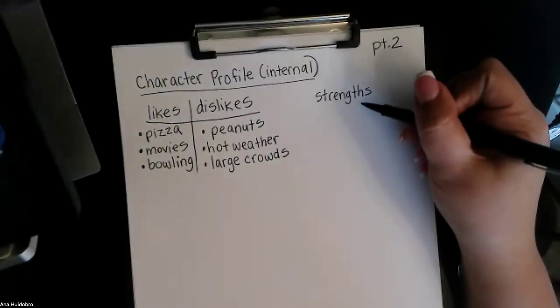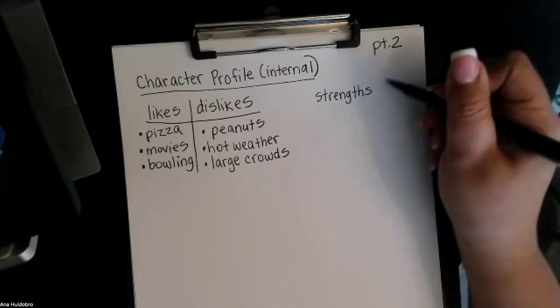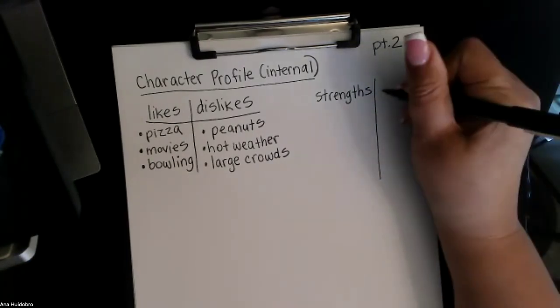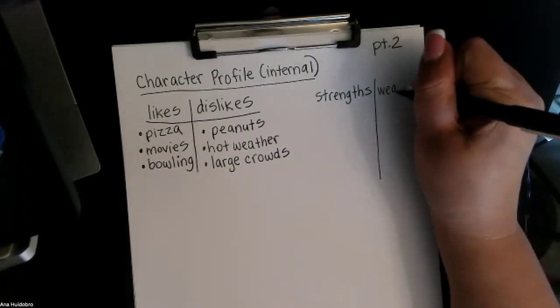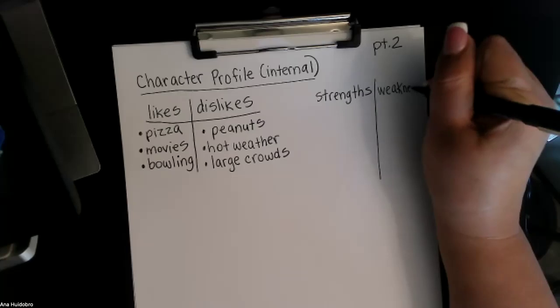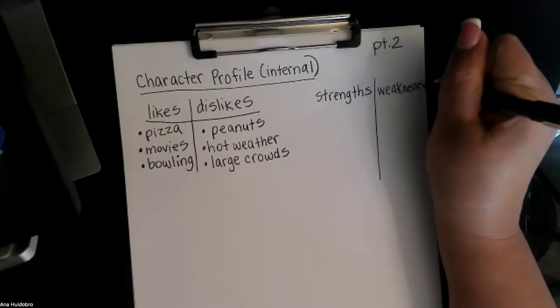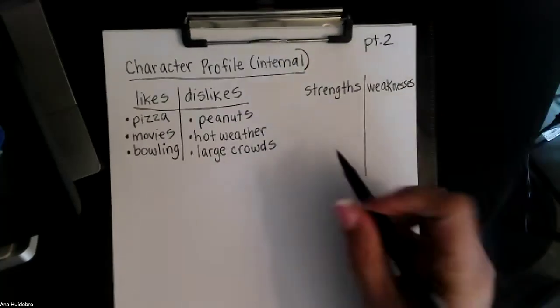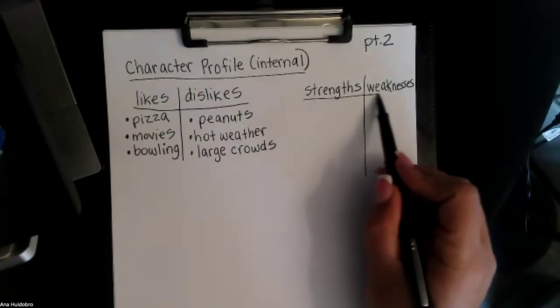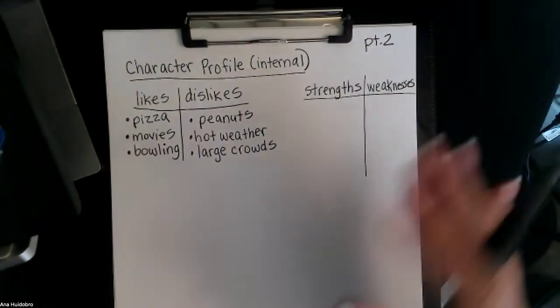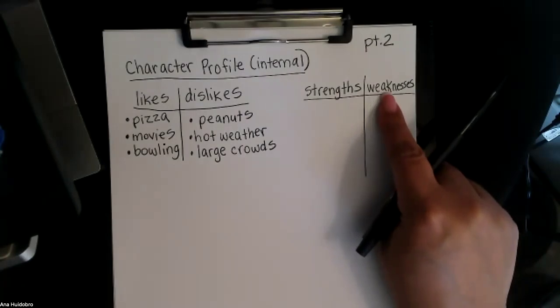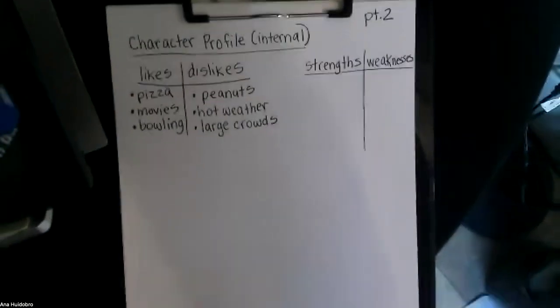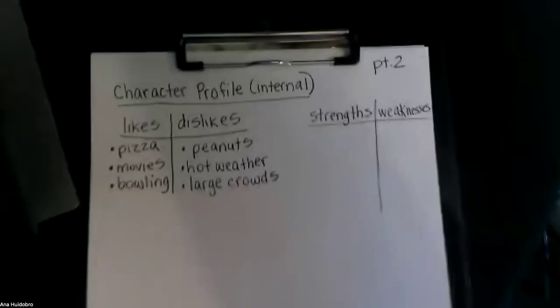Can you repeat after me? Strengths. Yep. So there are strengths and sometimes there are weaknesses. Let's see if I can make it all fit. If your paper does not look like mine, that's okay. You could use two papers, you could use the side, whatever. Weaknesses.